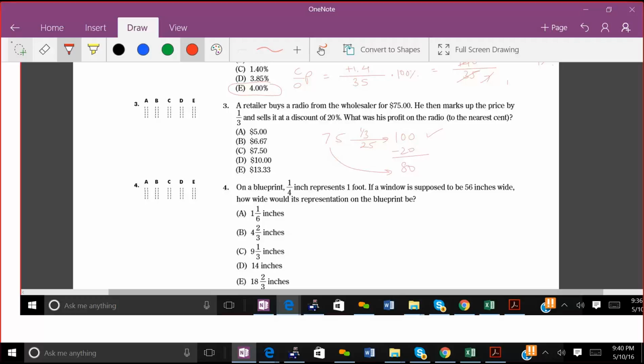You're better off converting the 1 foot to inches, if you're doing it that way. Convert the 1 foot into inches. I can make it like a ratio, right?